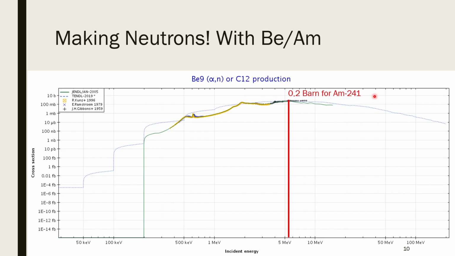For very common nuclear reactions, we say that anything with a cross-section of 1 barn or above is a really well-occurring nuclear reaction. But in our case, we need 65 gigabecquerels of americium, something that no normal person has at home. And with this scarily huge amount of americium-241, we can only produce 1 million neutrons per second.